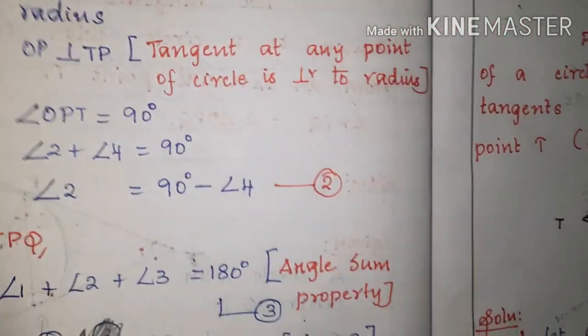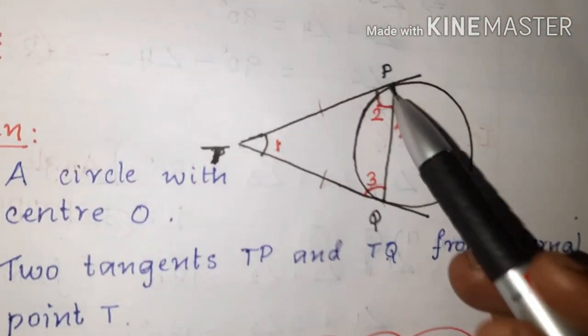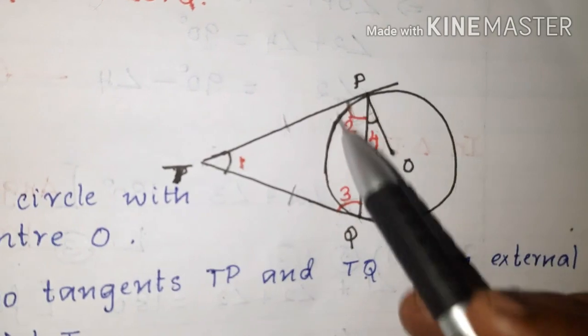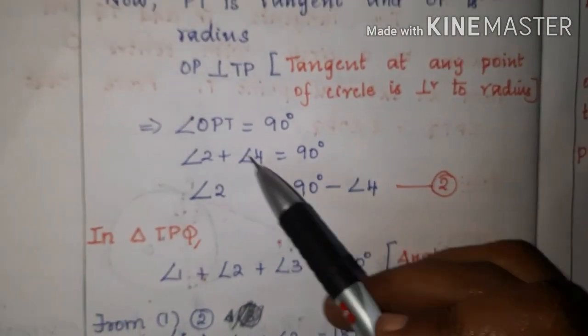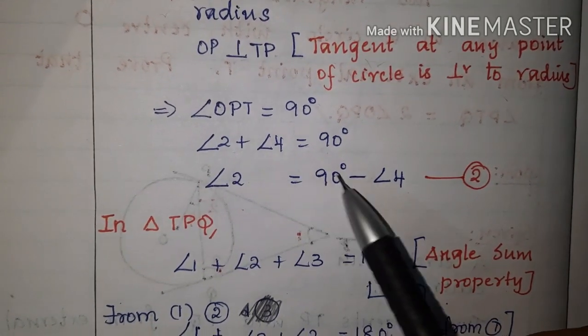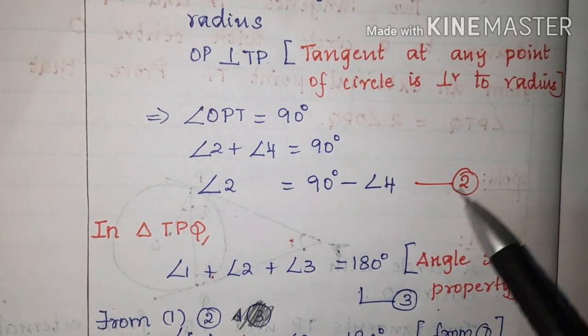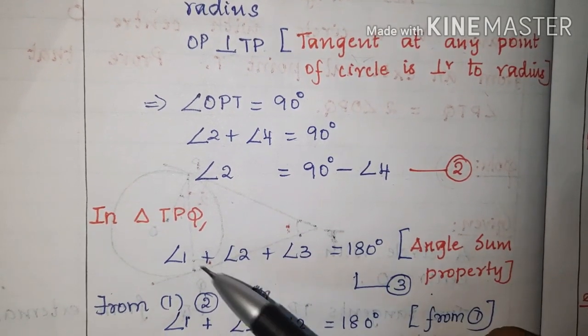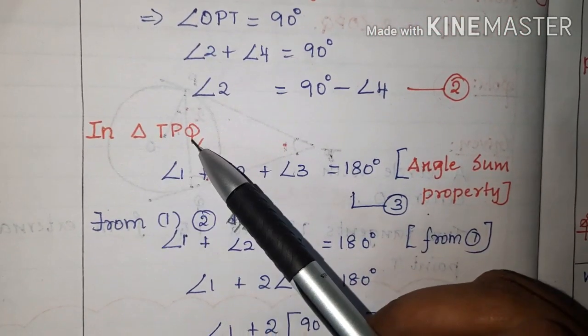Look at the figure. As I said, OPT is equal to 90 degrees, so it includes angles 2 and 4. So angle 2 plus 4 is equal to 90 degrees. So you can write it as angle 2 is equal to 90 degrees minus 4, mark it as equation 2.